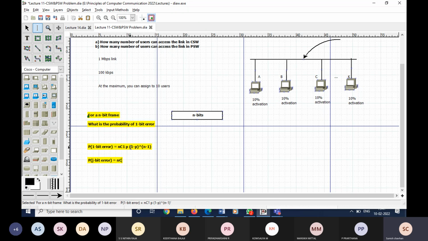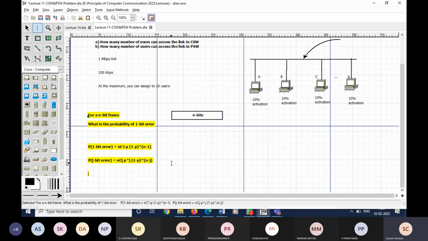So n choose j into p raised to j into (1 minus p) raised to n minus j. Got it right? Yes, sir.